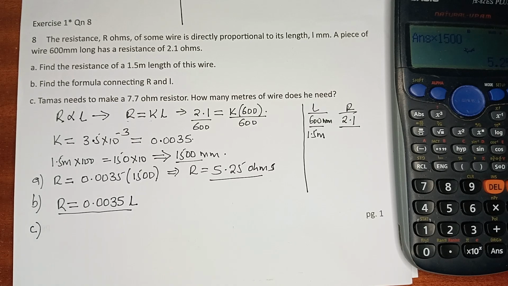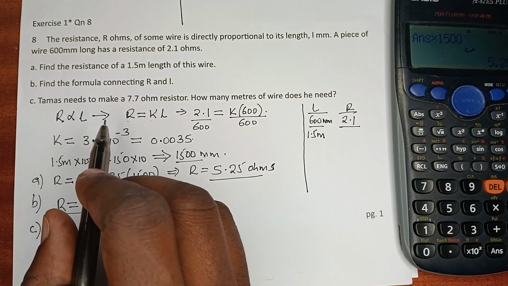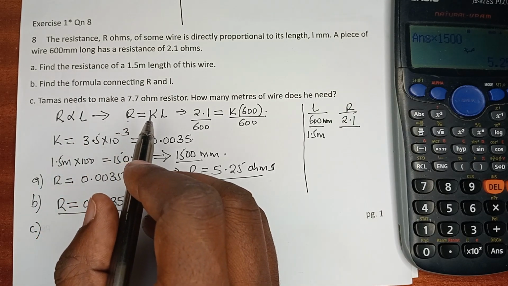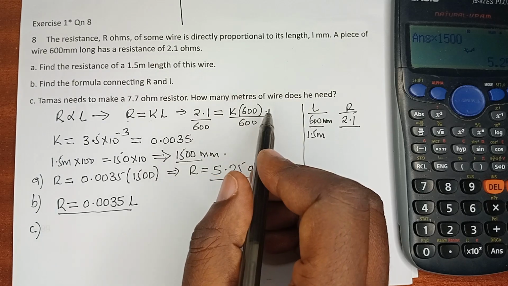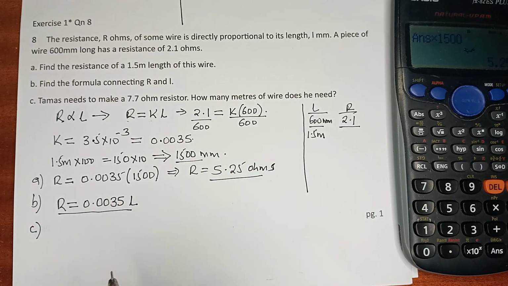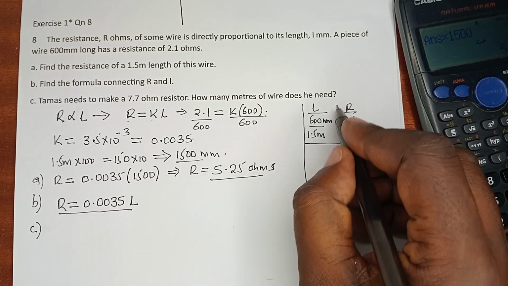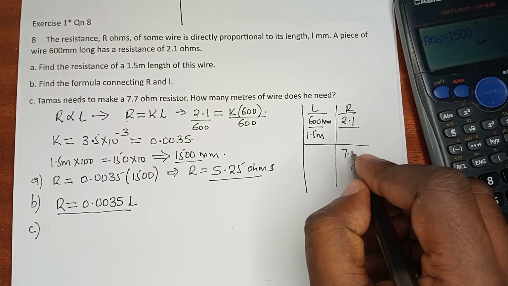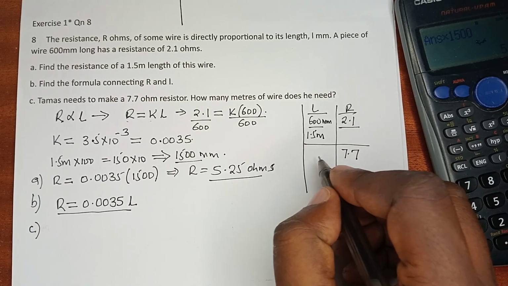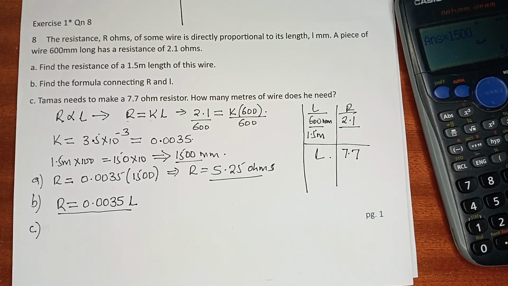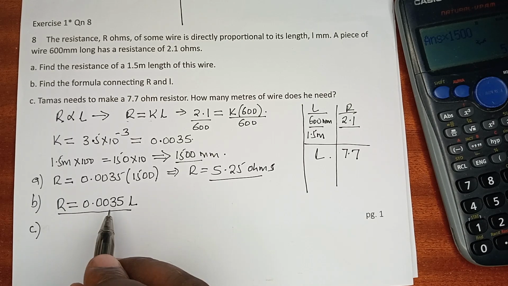Part C, Thomas needs to make a 7.7 ohms resistor. How many meters of wire does she need? The resistance here is given. It's 7.7. What we don't have is the length, but the relationship is already here, as you can see.